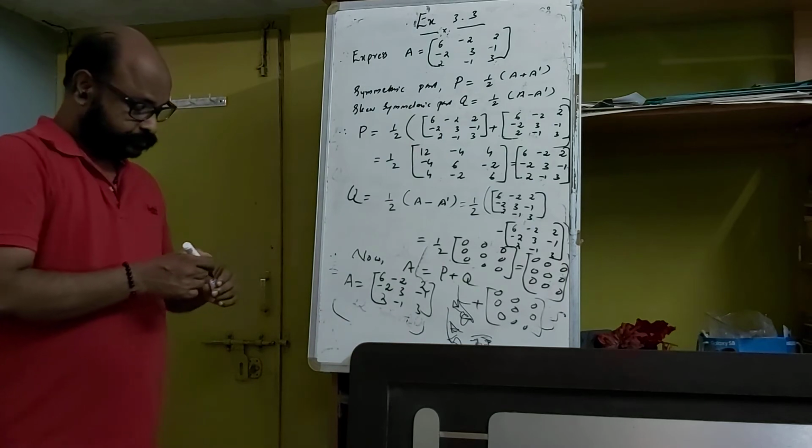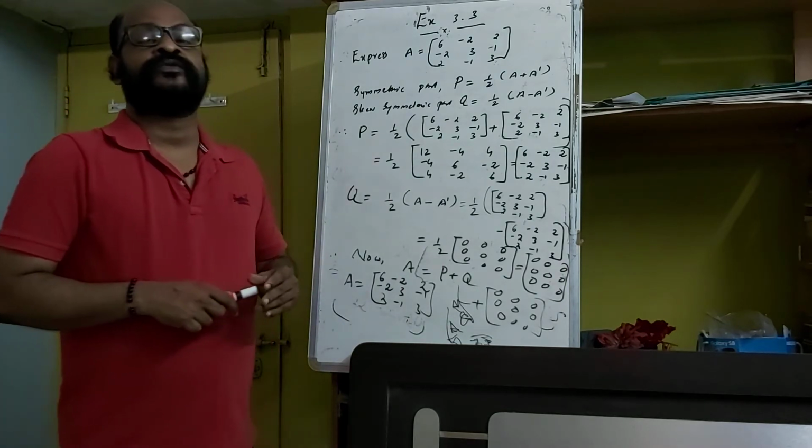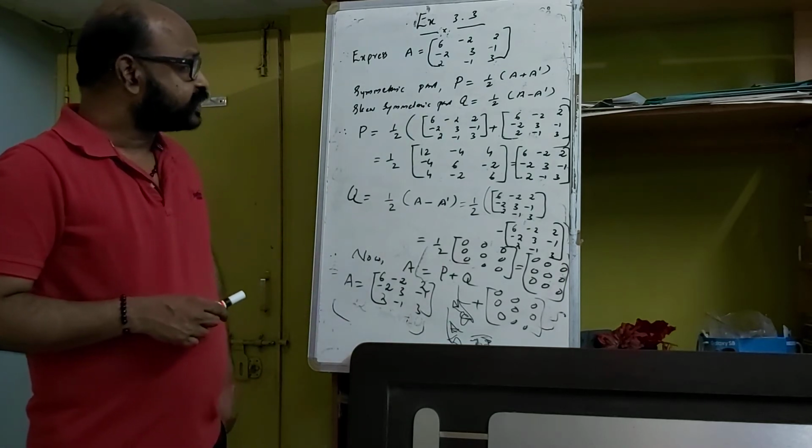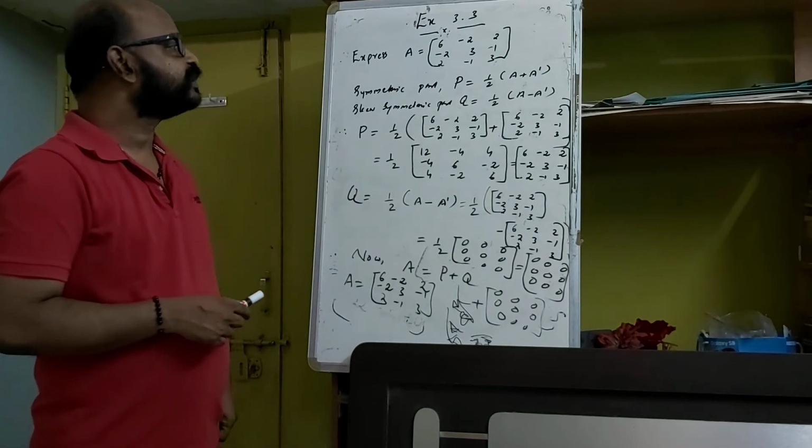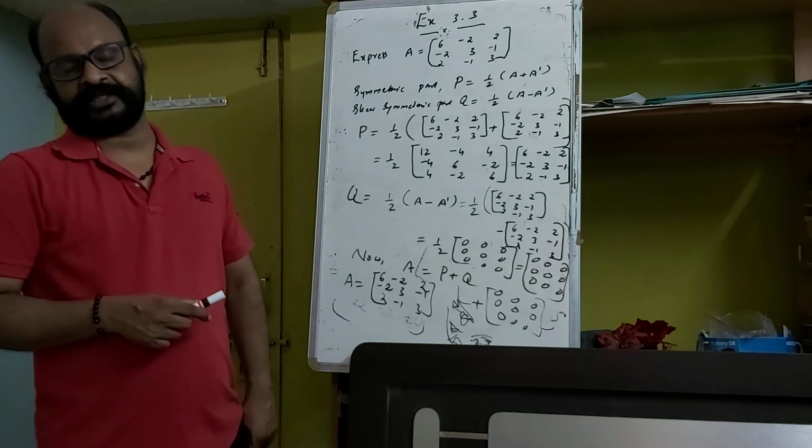So for the matrix A, the symmetric part is A itself, but the skew symmetric part is the zero matrix.